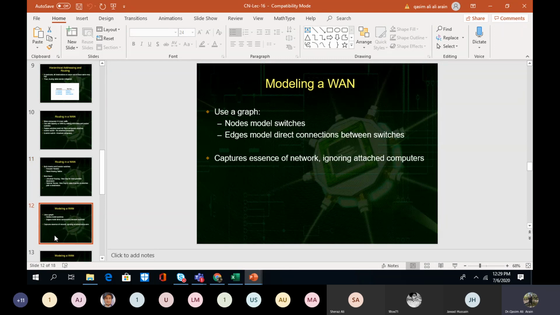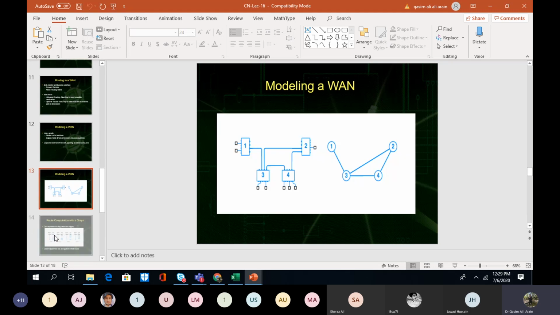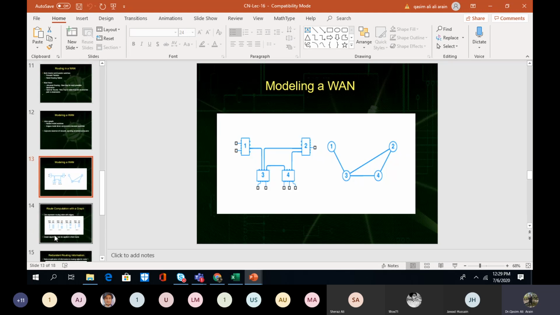Now, modeling a WAN. I mean, how would you model a WAN? Use a graph. I mean to say that the nodes model switches, and edges model direct connections between the switches, capturing the essence of the network while ignoring attached computers. अब देखें, if you can see this diagram, आपके पास जो लेफ्ट हैंड साइड पे पैकेट स्विचेस हैं, they are a bit complex.